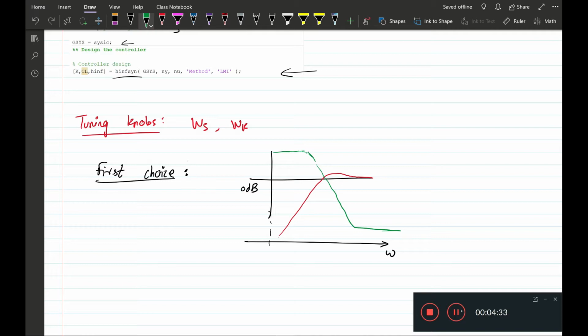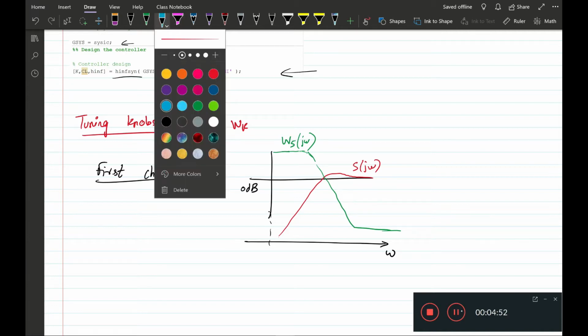Another way to think about this: this would be WS of jω, this would be S of jω, and we are plotting ω on the frequency axis, the x-axis. Another way to think about this could be by looking at the inverse filter.